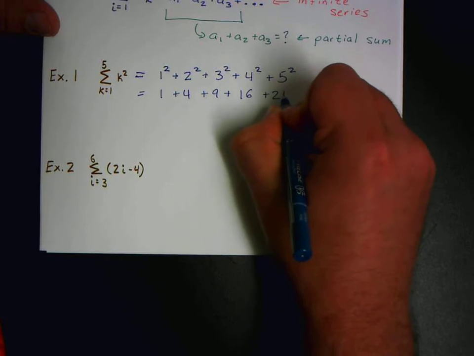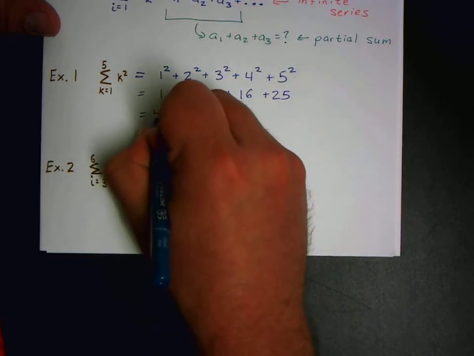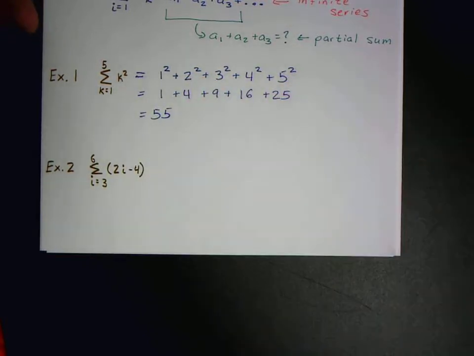What does it equal? 55? Yeah, k is just your variable. I think it's called a counter, or I don't remember what it's called, and I guess your book defines it as the index.